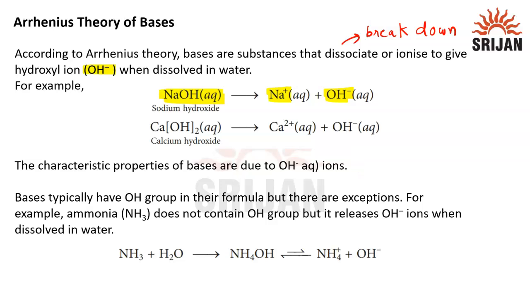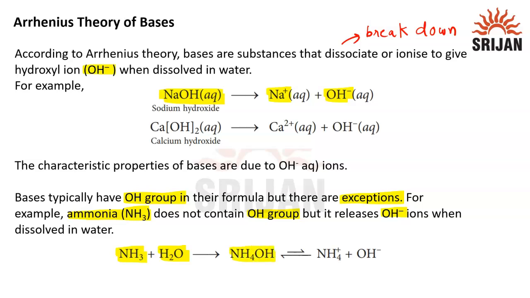Next, there is some exception. Typically bases have an OH group. We can say NaOH, Ca(OH)2, Al(OH)3, and so on. But there is an exception in the formula, which is ammonia, that is NH3. It is a base, but it doesn't contain any OH group. But still it releases OH negative ions when dissolved in water. Whenever we dissolve ammonia into water, we get ammonium hydroxide, which is NH4OH.